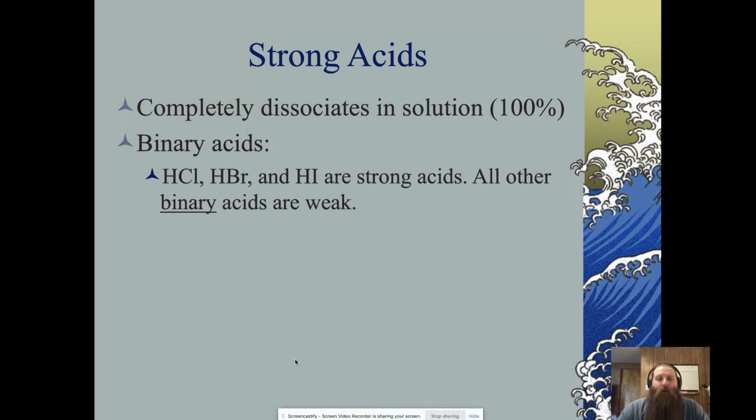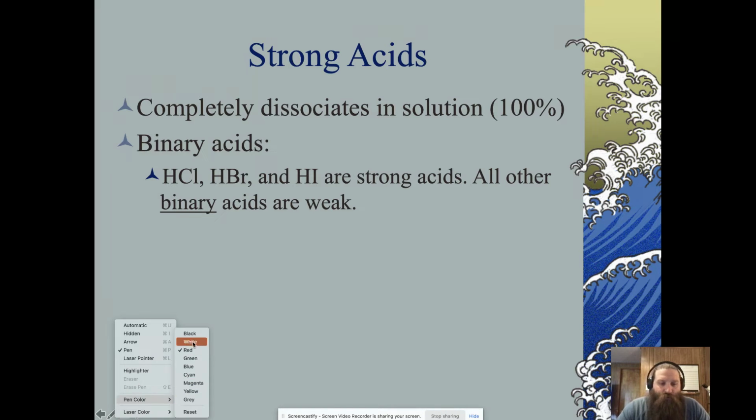Now, there are only 3 binary acids that are strong acids. Just memorize them, because any other binary acid is a weak acid. They are HCl, HBr, and HI. Those of you who are paying attention may realize that all of those are from the halogen family.